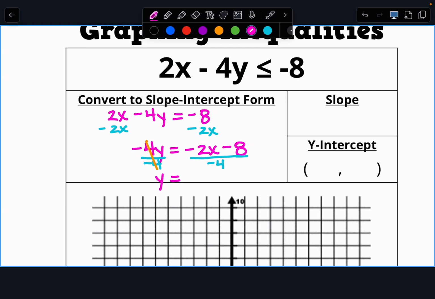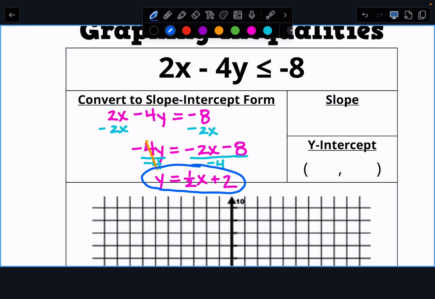Negative 4 is being divided into both of these terms. What is negative 2 divided by negative 4? So we have 1/2 x, 2/4, which we're going to reduce to 1/2. Negative 8 divided by negative 4, plus 2. All right. So, right here, this is what we need to graph, okay?